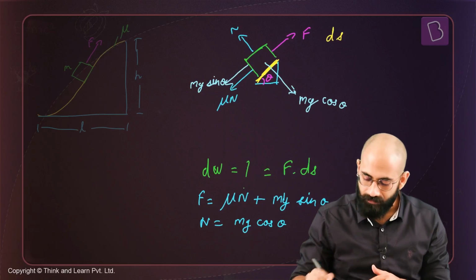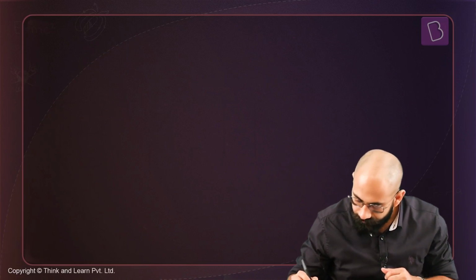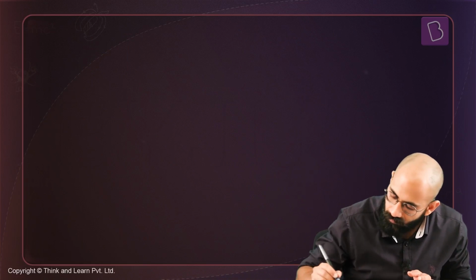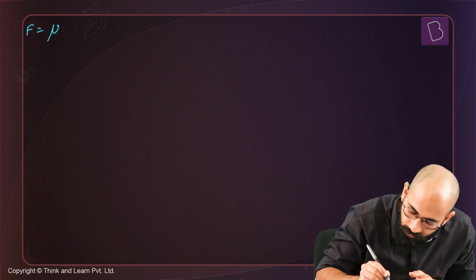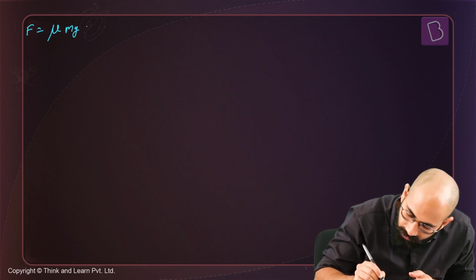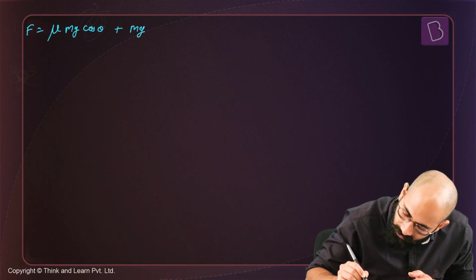Now we have a value for N from here, so that I can substitute in the first equation. So finally we'll get F is equal to mu mg cos theta plus mg sin theta.